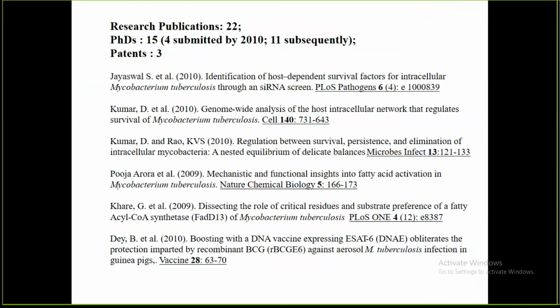It yielded about 22 publications, maybe 22, 24, 15 PhDs and 3 patents. Some of the important publications are here: cross pathogens, cell, microinfection, nature, chemical biology, PLOS ONE, vaccine, and so on. All this is published work. People can go through that.